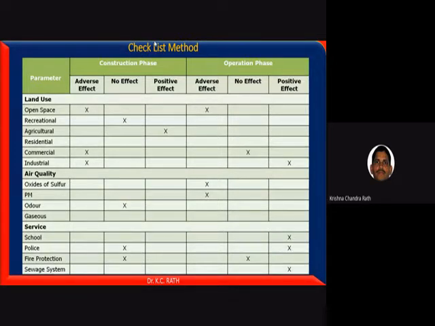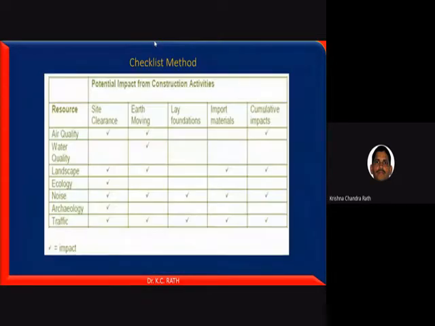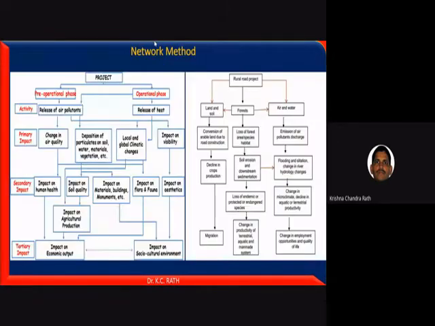This is also another way of looking at things. And this is a bit more complex one, where you find out the cause and effect relationship, called the network method. Later on we will come to examples when we discuss the case studies.